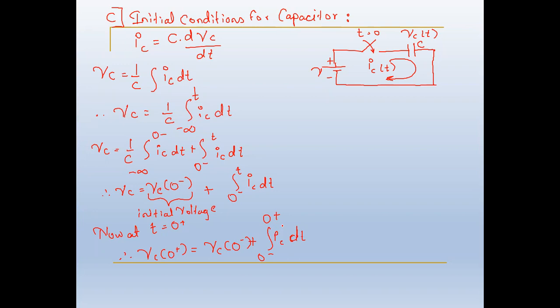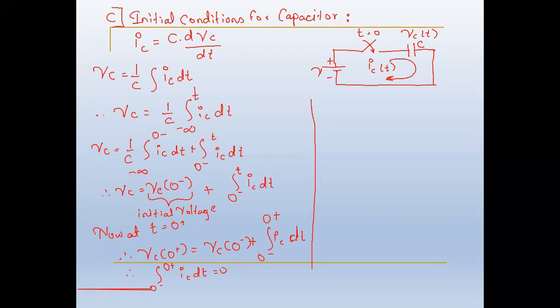We have considered an ideal switch, that means the switch operates in zero time. So what is that zero time period? We have defined it such that integration from 0 minus to 0 plus of Ic dt is equal to 0.